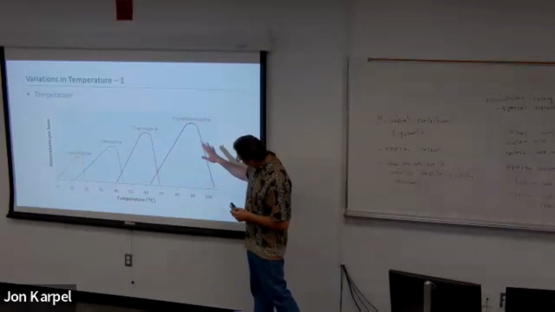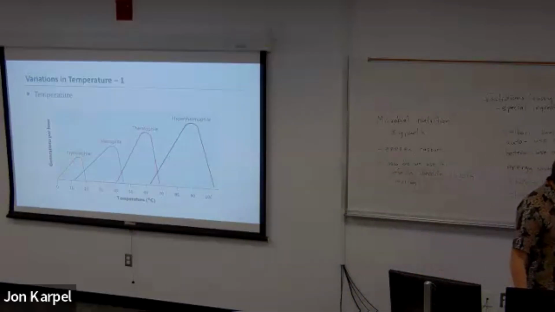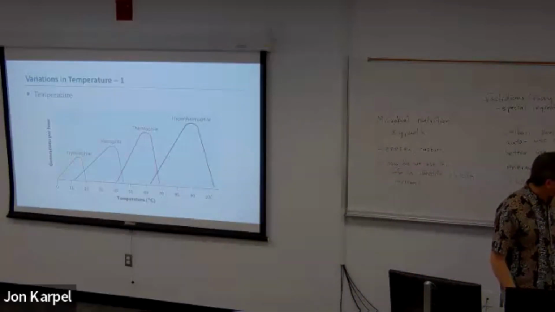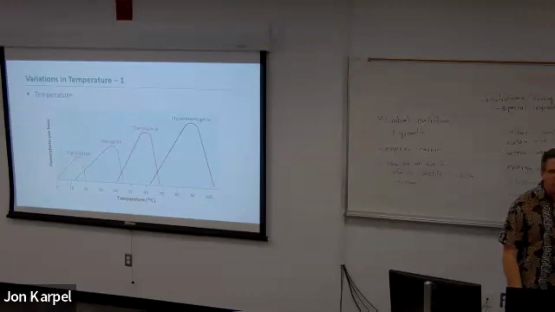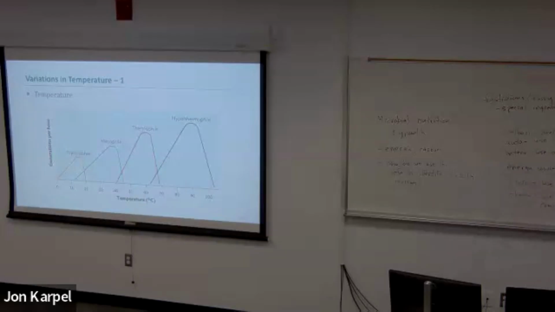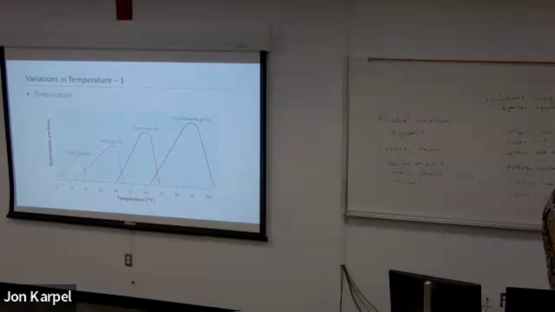So here is what the temperature scale looks like. I'm not going to make you memorize the specific temperatures, but you should know the terms and how they vary. Thermophiles like heat, psychrophiles don't. They're on opposite sides of the scale. Does that make sense? Thermophiles like high heat.